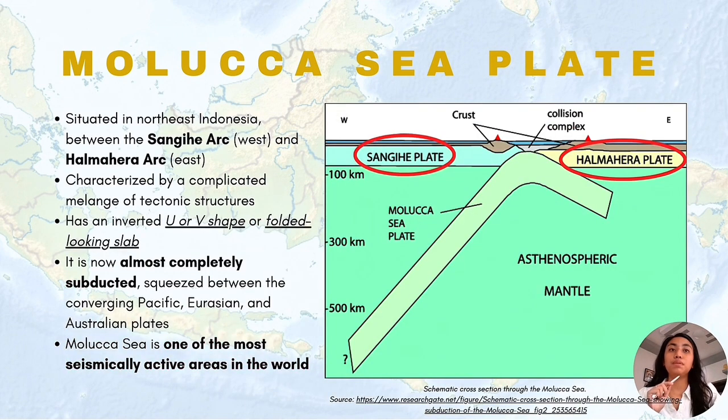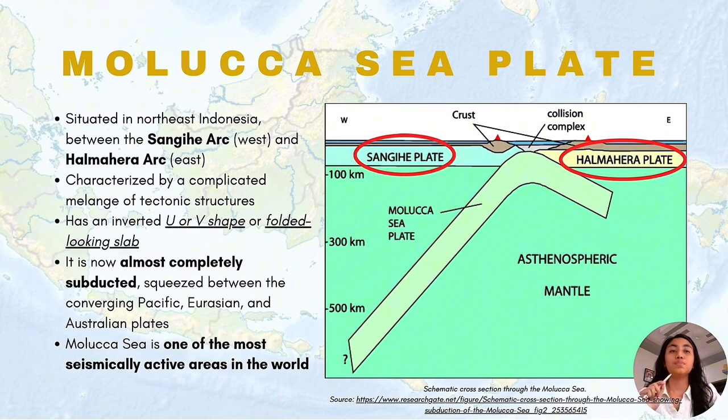The Molucca Sea Plate is a small oceanic plate situated in northeast Indonesia, specifically between the Sangihe Arc to the west and the Halmahera Arc to the east. This area is geologically chaotic, described in studies as a tectonic melange, a messy mix of different rock types often formed under great tectonic pressure.